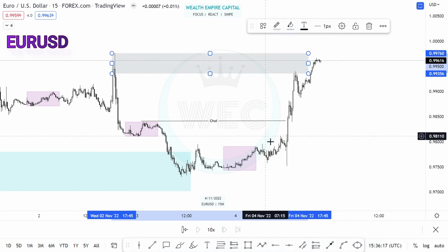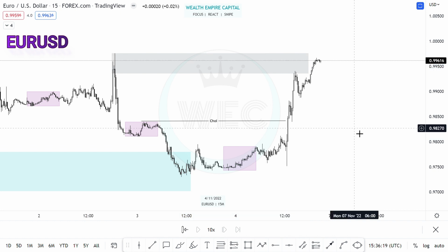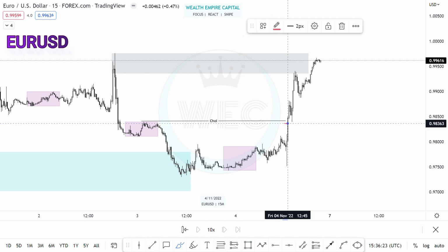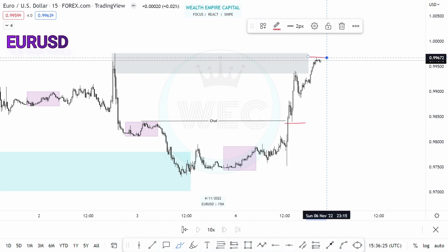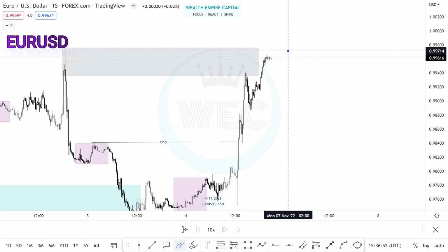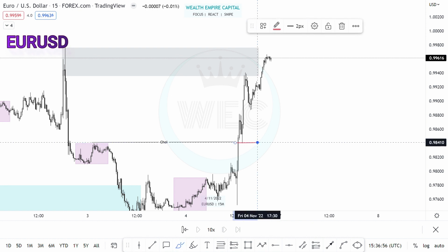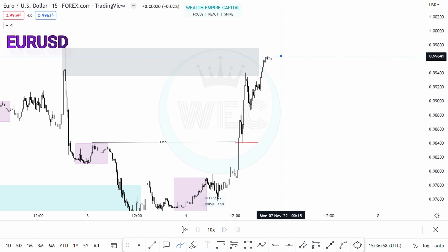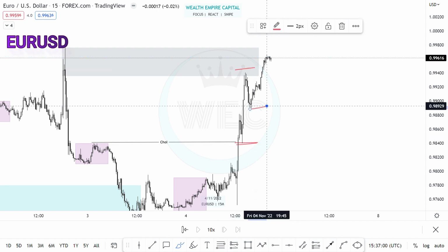So I'm just going to mark it as supply and see how price will react. Now, as M15 has switched bullish, my new M15 leg is from this low to this high currently. I know there are people out there who are going to ask me why my M15 leg is from this low to this high and not from this low to this high, or this low to this high.